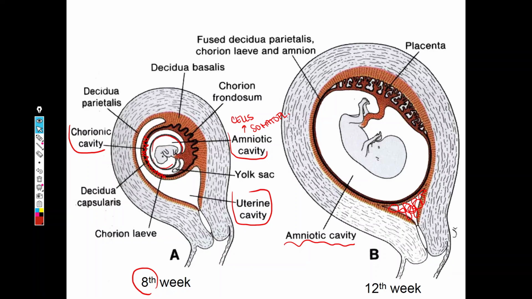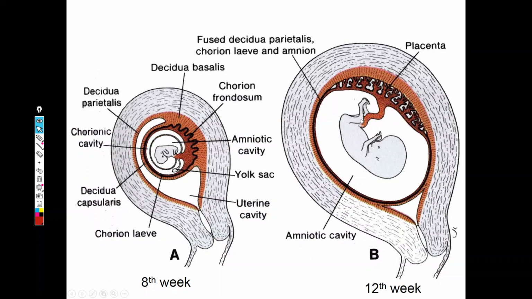Okay, so as a summarization, the original three cavities disappear. Only the amniotic cavity and a tiny cavity of the uterus remain. Now we can see another structure over here, the umbilical cord.